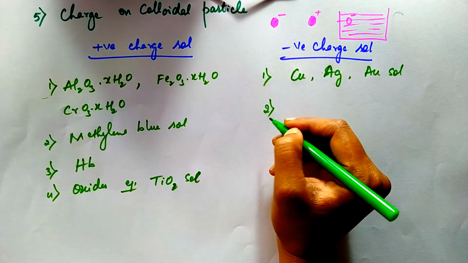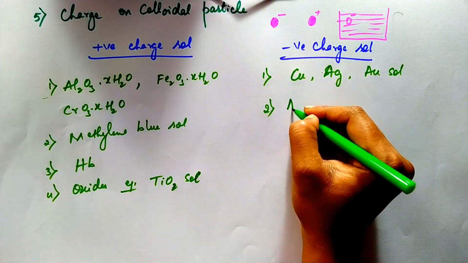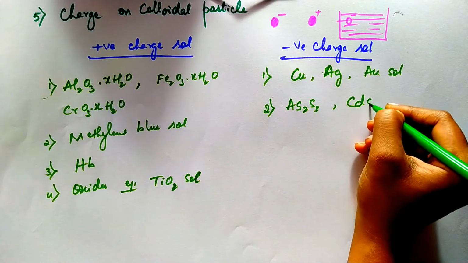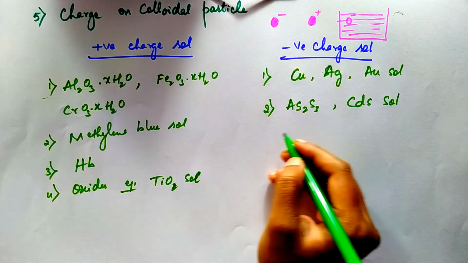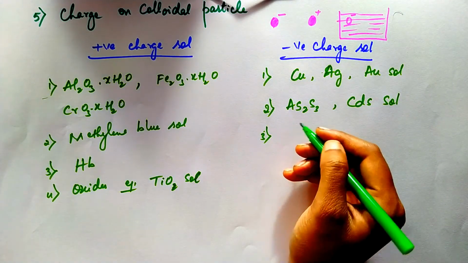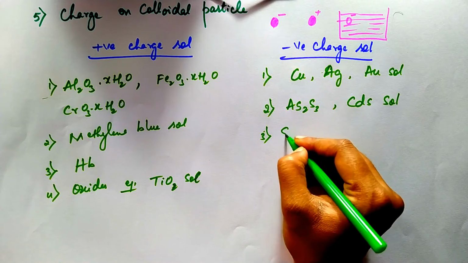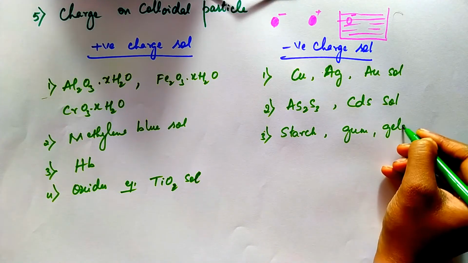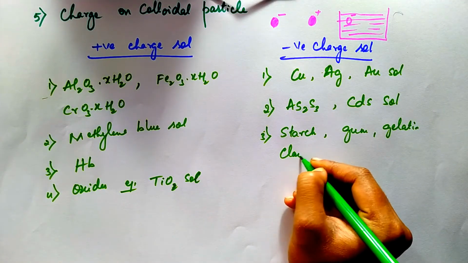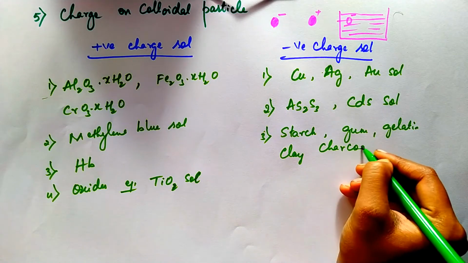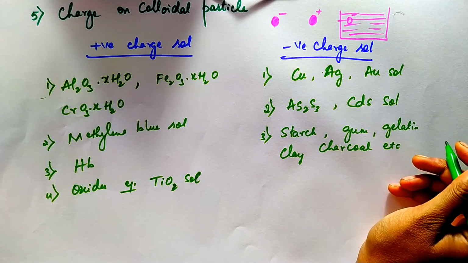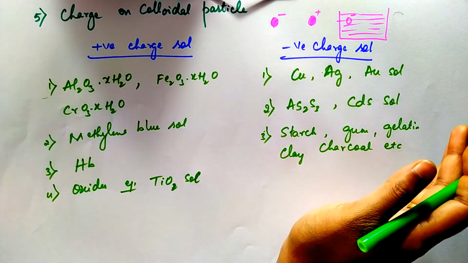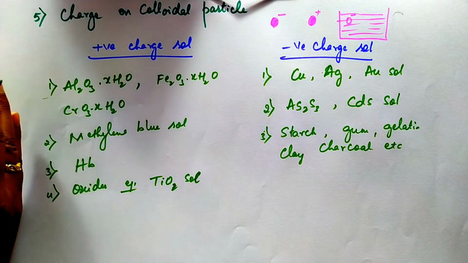The second one is metal sulfide sols, that is As2S3, cadmium sulfide sol, etc. And the third one is starch, gum, gelatin, clay, charcoal, etc. These are some of the negative charge sols. So note down these positive sols and negative sols, which are important for a competitive examination.